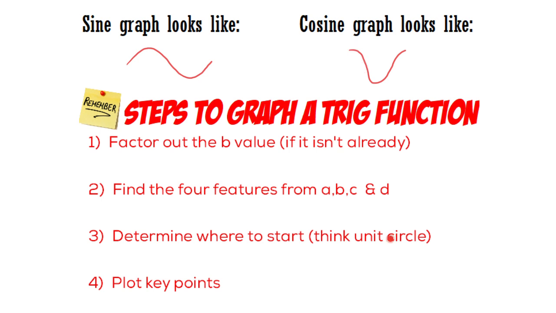Or you can always go back to your unit circle and remember at 0, what's the sine value or what's the cosine value. And then we're going to plot our key points, so beginning to end and where it crosses the x-axis, your peaks and valleys. And then we'll try to always get at least 2 waves, if not maybe more, on our graphs.